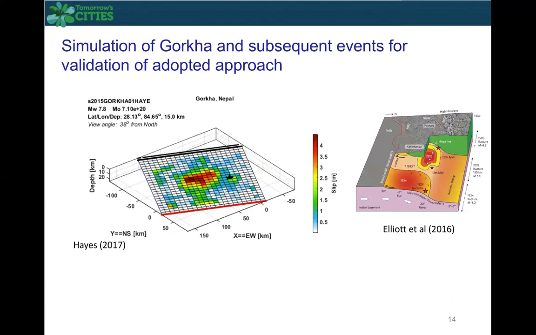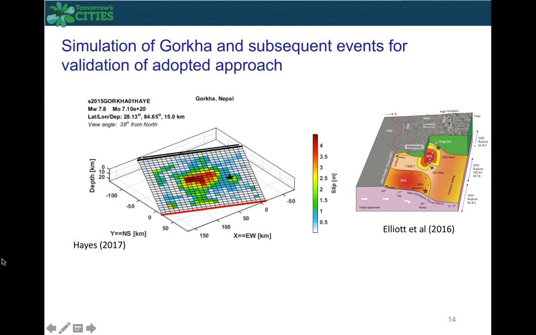Another effort that has been going on is to validate the physics-based ground motion simulations with respect to the scarce ground motion observation and ground displacement observation in the past events, more specifically Gorkha and subsequent events. Here is the inverted rupture for the Gorkha event from Haze.